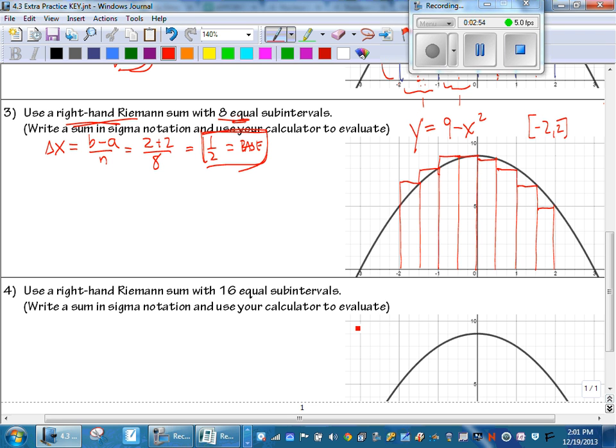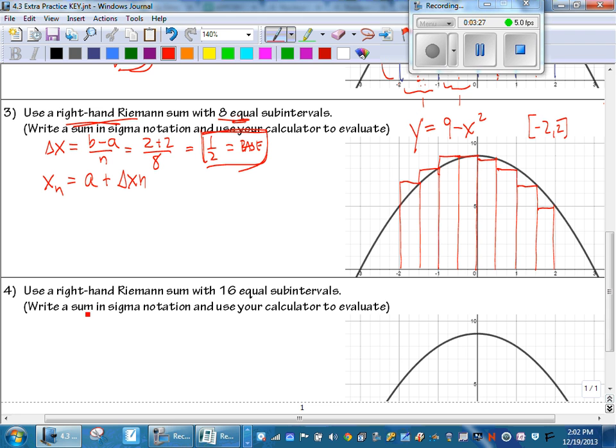Well, to set up a formula, we're going to set up x sub n. And that's going to represent n equals 1, means like the first x value that we're plugging in. X sub 2 would be the second x value we're plugging in. Well, that is going to be equal to a, our starting value here, plus n times delta x. Or let's put it the other way around, delta x times n.